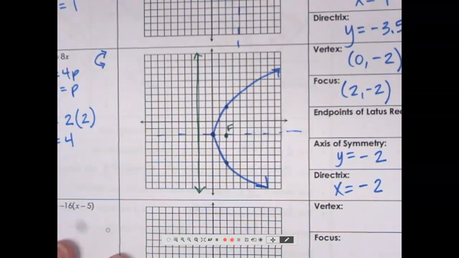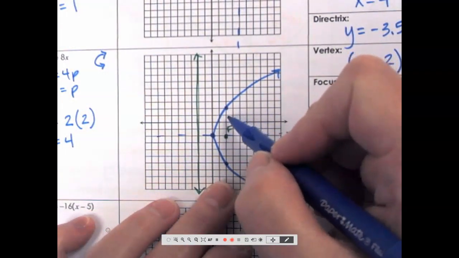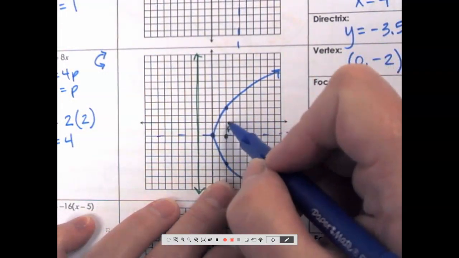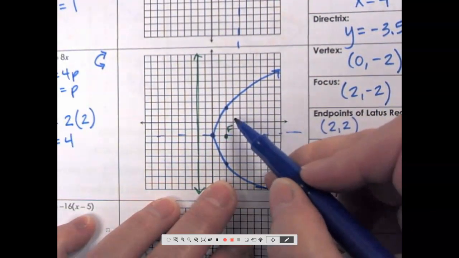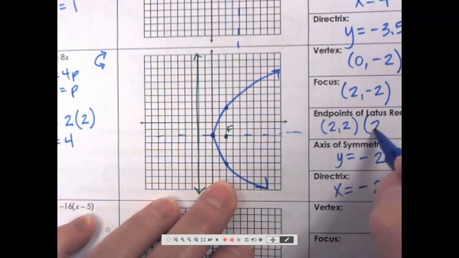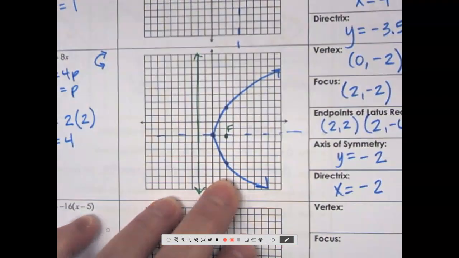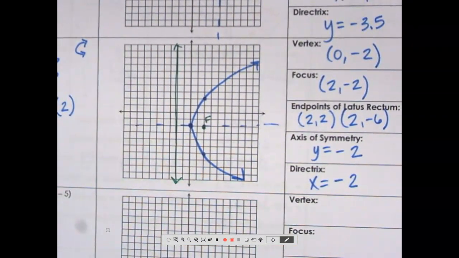And that's what the parabola will look like. Now, the ordered pairs that I just connected there would be 2, 2, and 2, negative 6. Thank you. Question?